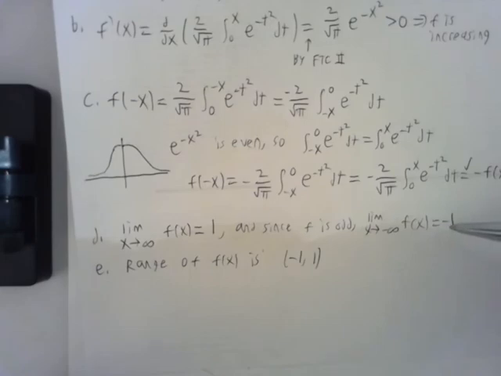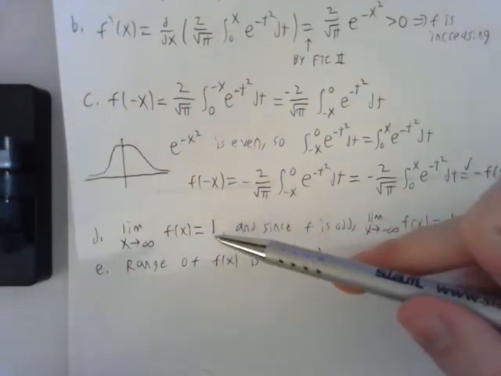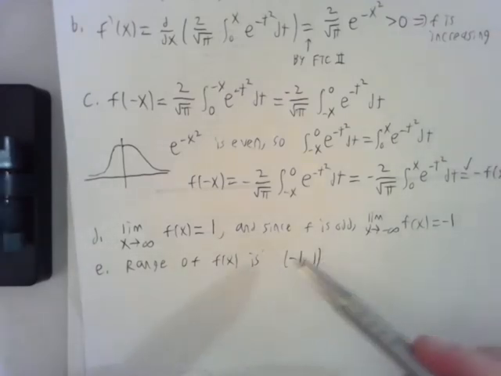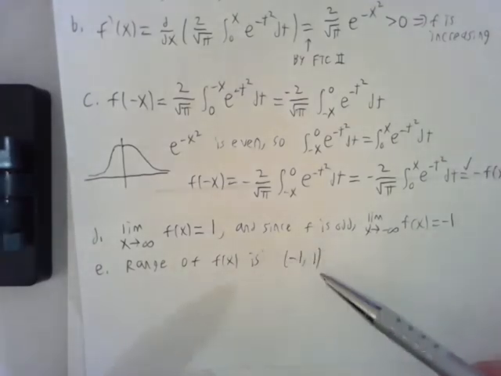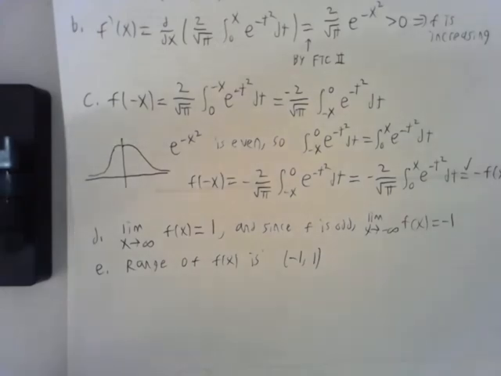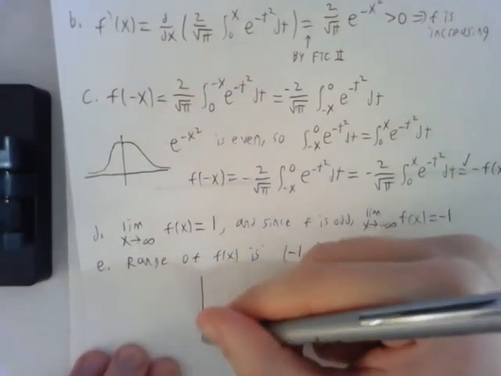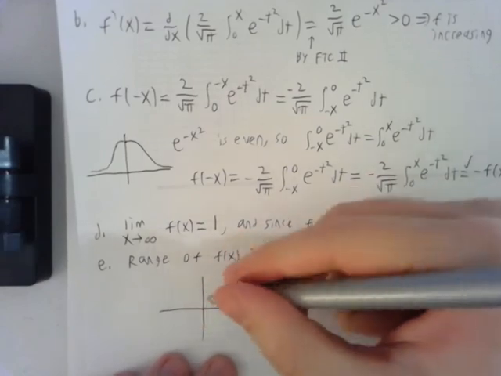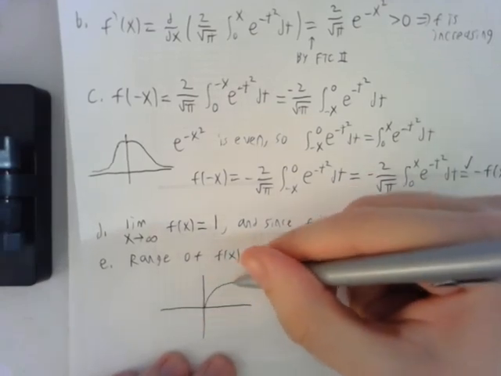And as x goes to negative infinity, it levels off at -1, so it's not going to be able to go below that. And as x goes to positive infinity, it goes to +1, so it can never go above that. So that means that we always have to have values between -1 and 1 for this function. So it ends up turning out that f of x does something sort of like this.